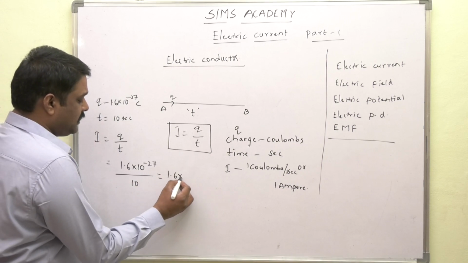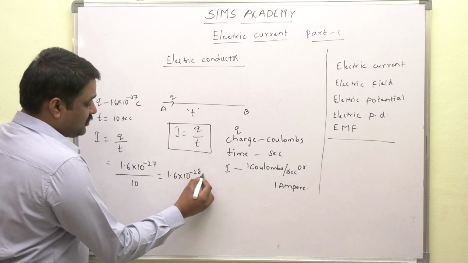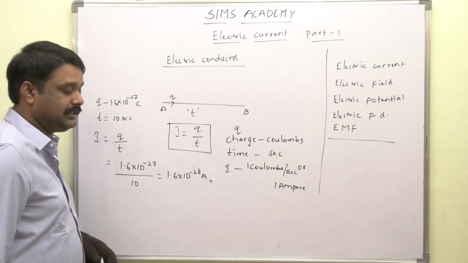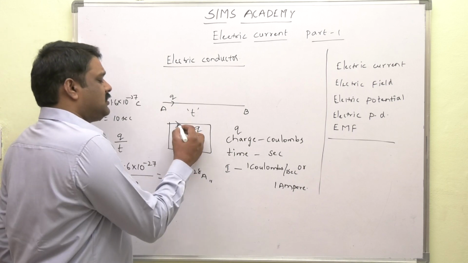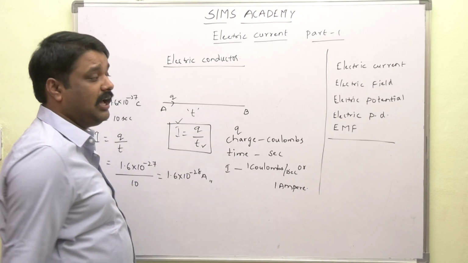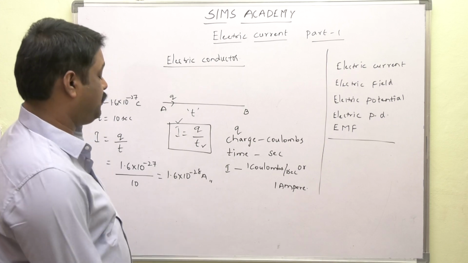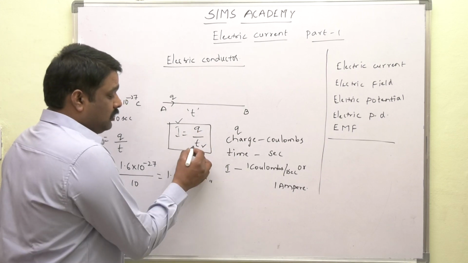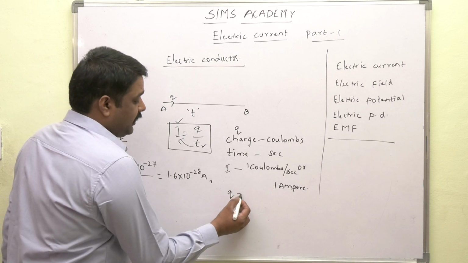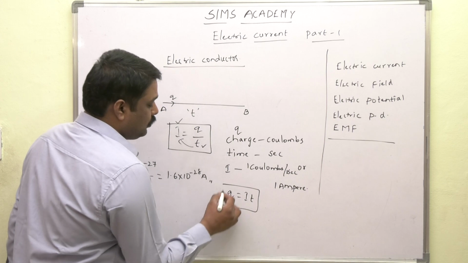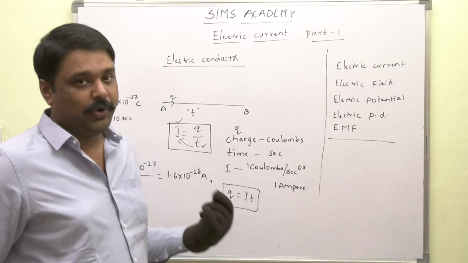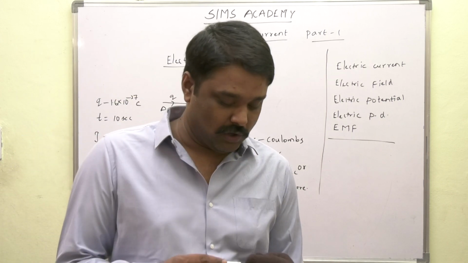It is 1.6 into 10 power minus 28 amperes. Sometimes they may give us I, and we might be asked to find the value of Q. Then transposing t to that side, we get Q equals I into t. Depending upon the given numerical, we can solve it.